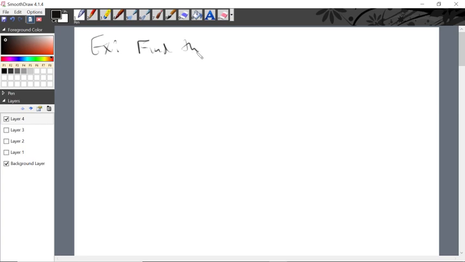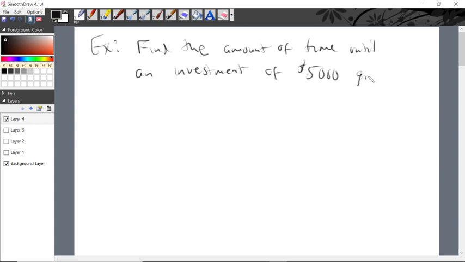If we were to solve for the exponent in a compound interest problem: find the amount of time until an investment of $5,000 grows to $8,000 at 7.5% APR, annual percentage rate.